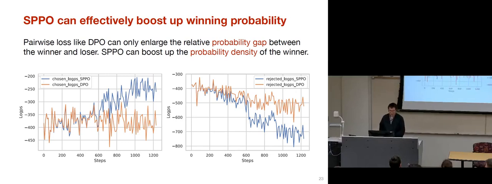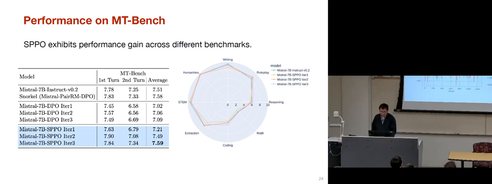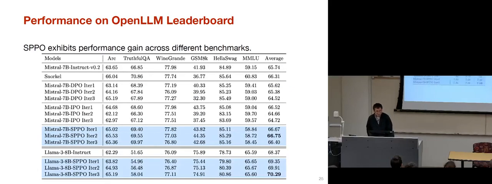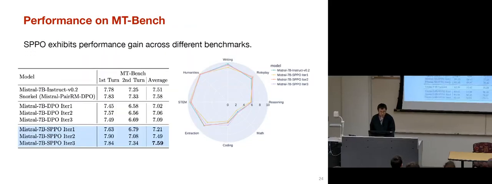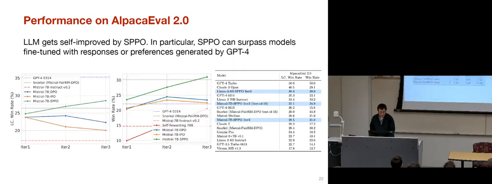And for our SPPO algorithm, you can see that during the fine-tuning, the estimated reward for the winner will increase and the estimated reward for the loser will decrease. So this is consistent with our algorithm design. And let me show some experimental results here, maybe on the right-hand side.